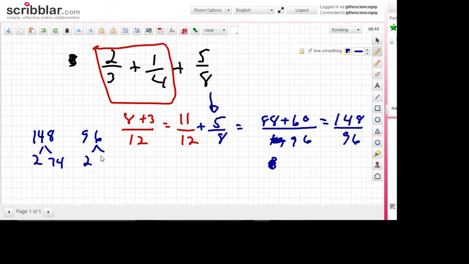Okay, you can't do it that way because that's going to mess you up. So you're going to have to do long division, either that or your calculator. So this is 2, this is 96.